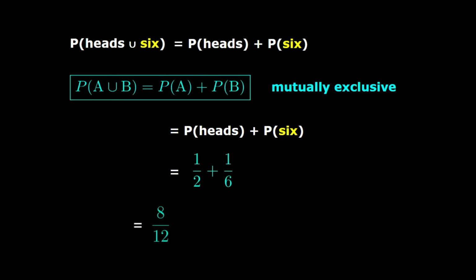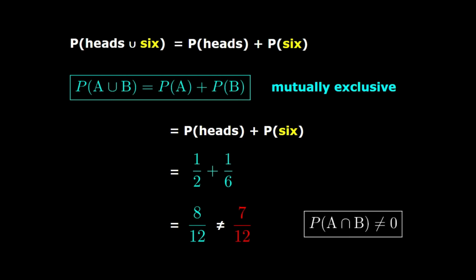And if we write that over 12, so we can compare to our correct answer, we'll write that as 8/12. We'll realize that's close, but it's wrong, because the correct answer that we got, relying on the safest of means by listing the sample space, was 7/12. So how did we mess this up? Well, remember, just because you have independent events, that's not the same thing as having mutually exclusive events.